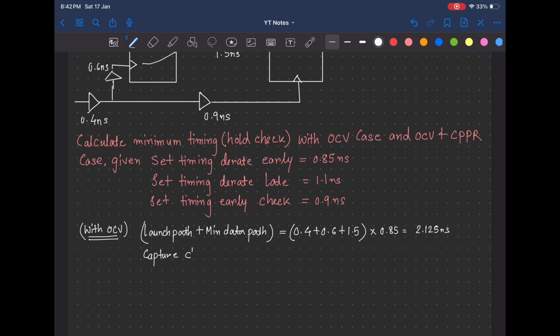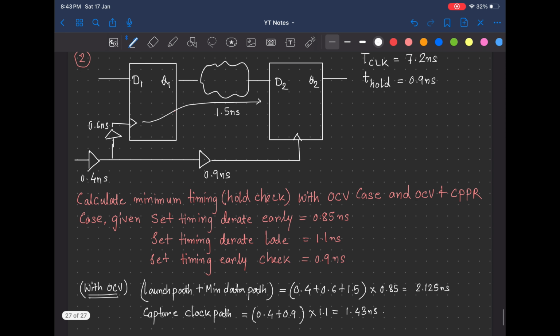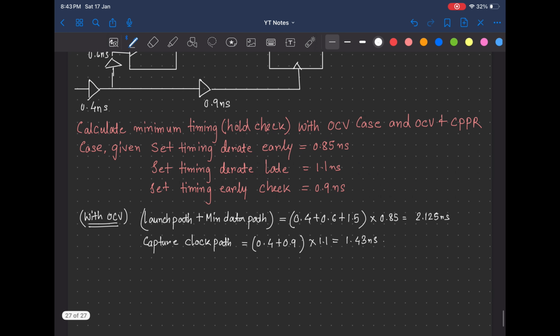Now calculate the capture clock path, which is 0.4 plus 0.9 multiplied by 1.1, giving 1.43 nanosecond. The T hold is given as 0.9, and after the derate, 0.9 into 0.9 is 0.81 nanosecond.